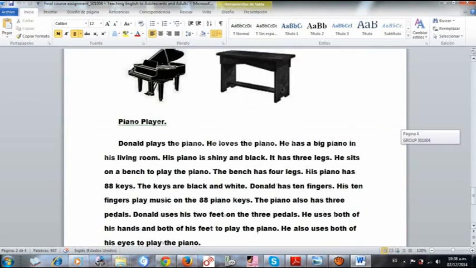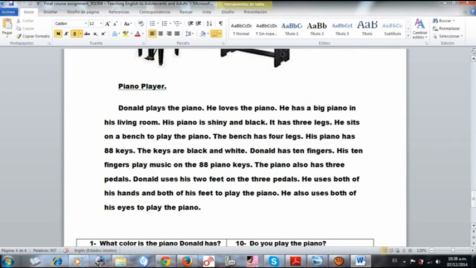Donald plays the piano. He loves the piano. He has a big piano in his living room. His piano is shiny and black. It has 3 legs. He sits on a bench to play the piano. The bench has 4 legs. His piano has 88 keys. The keys are black and white.